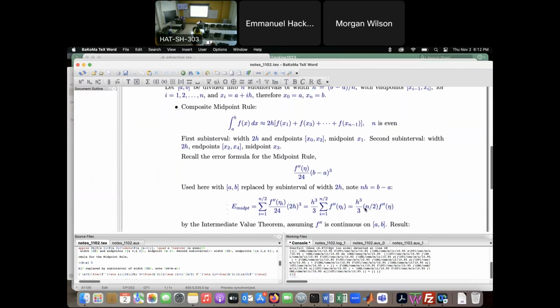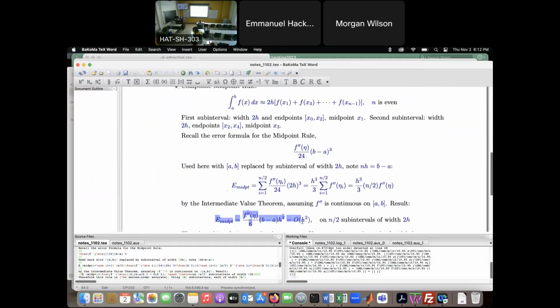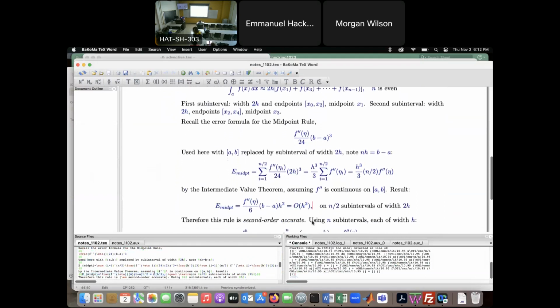So now, once I simplify all of this, and keep in mind I'm using a simplification that n times h is equal to b minus a, this is my overall error formula. So second derivative at an unknown point over 6 times b minus a, then times h squared. Because the error is proportional to h squared, that's the order of accuracy. We say that this rule is second order accurate.